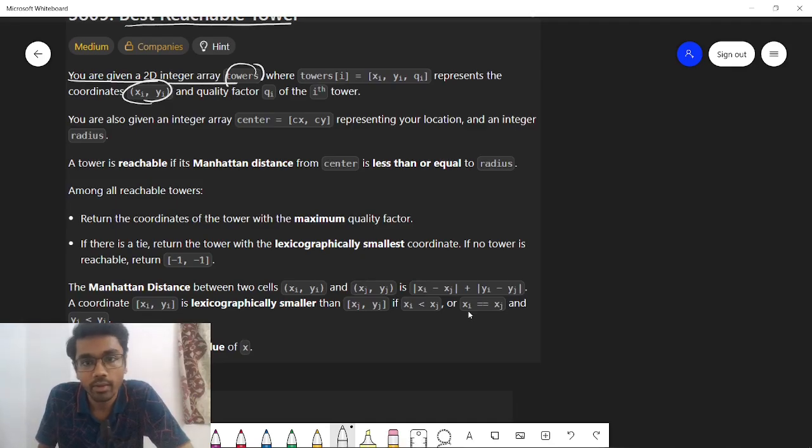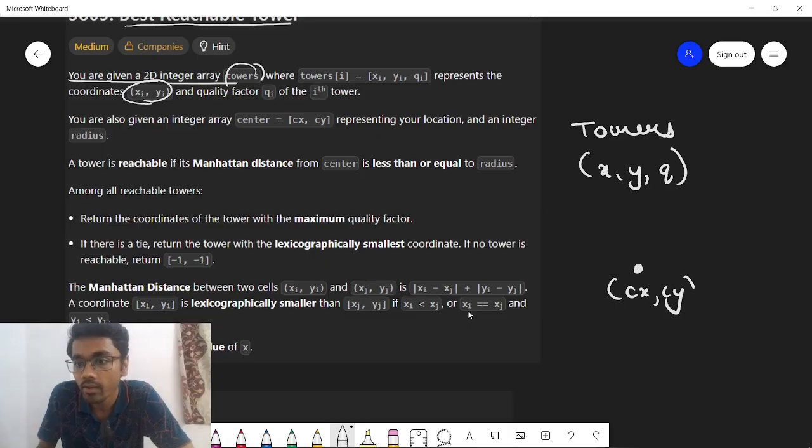So let us understand what the question actually means. You are given some towers and each tower has some x coordinate, y coordinate and some quality factor. You are also given one point center which is nothing but cx, cy, and this is your location. Now there can be many towers.